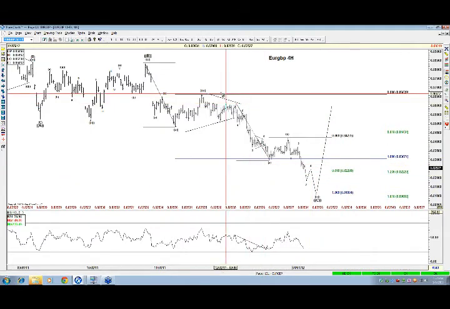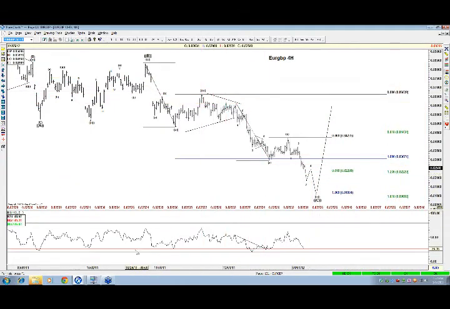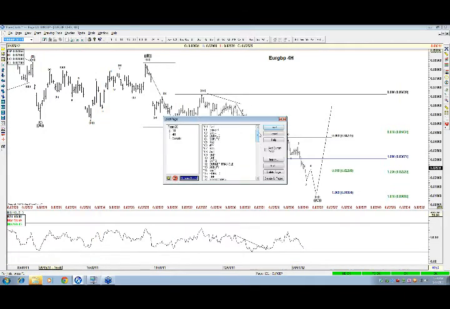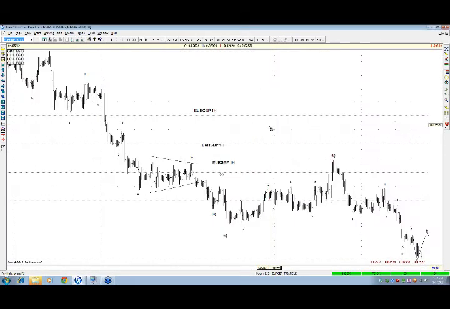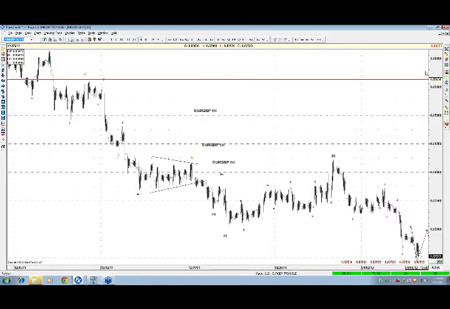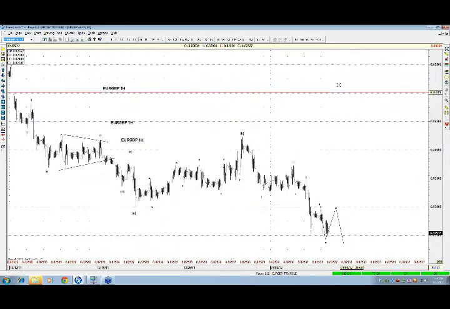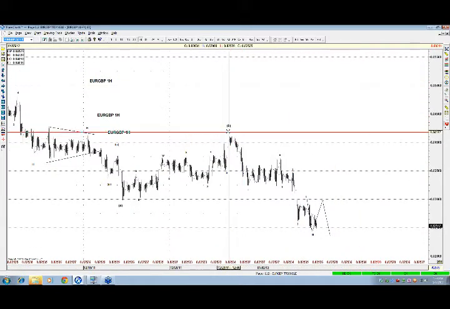Now, if you go small, you need to start downgrading the pair. This is what I see because I don't care about the whole structure. All I care about now in this pair is the move from here, because that's the final move.